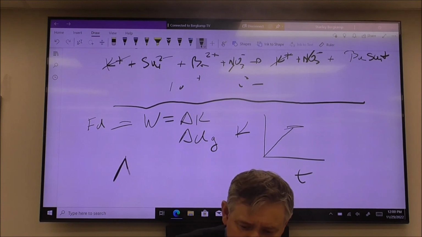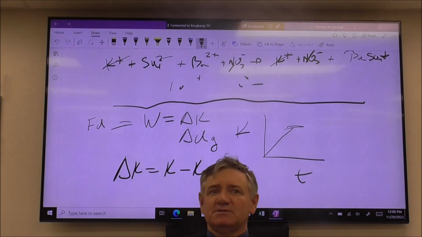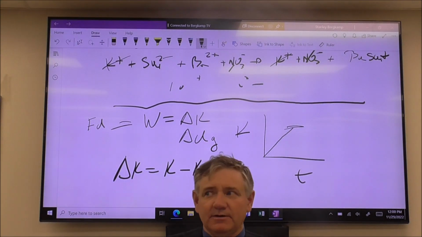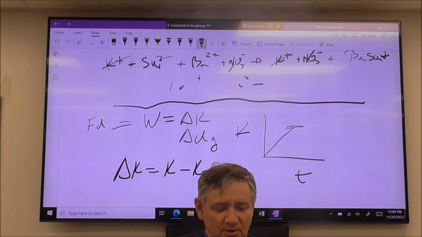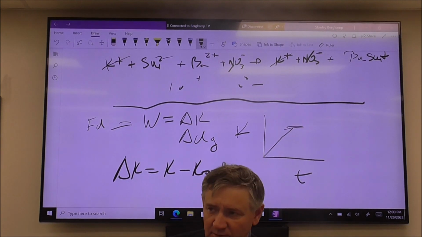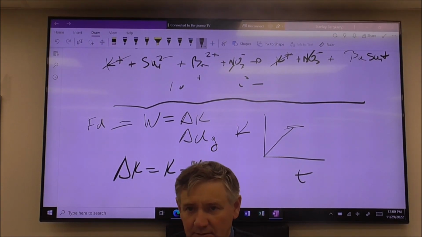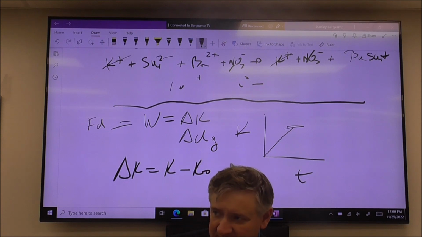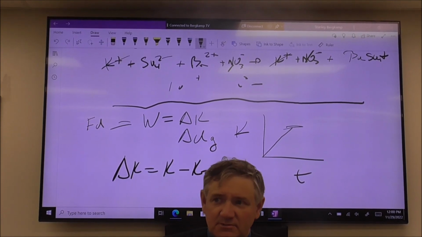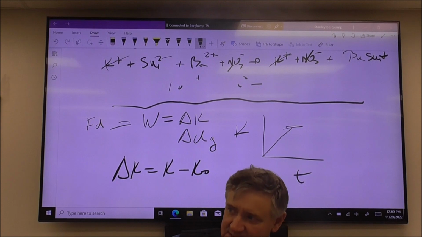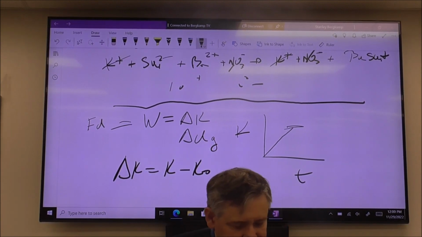Well, change in kinetic energy is K minus K naught. What's the initial kinetic energy of the train? 0. So the first three answers on 14 are all the same value. You don't have to calculate anything. It's just work equals change in kinetic energy, and that's K minus K naught. That's it.